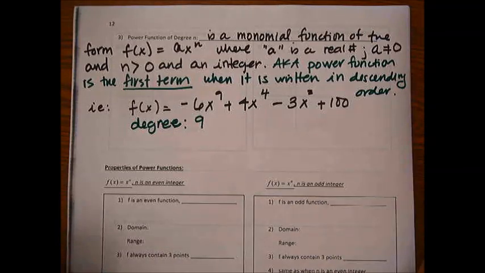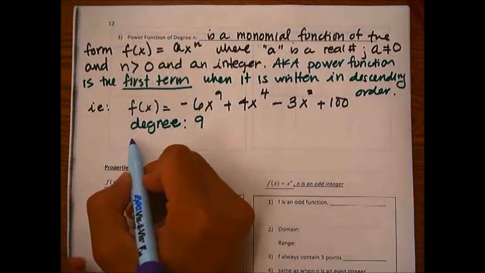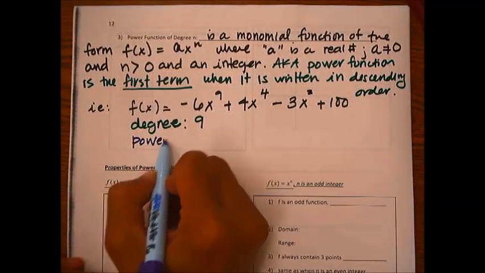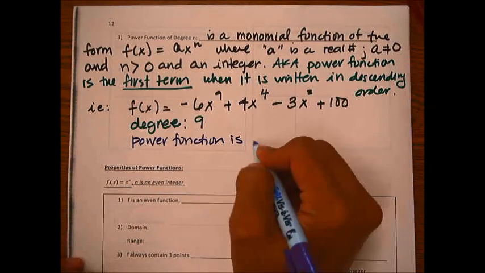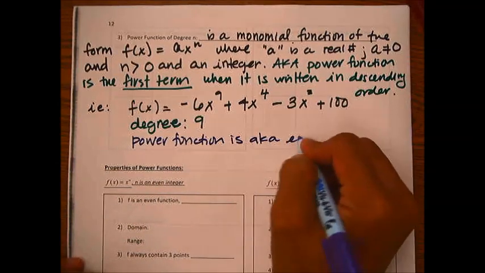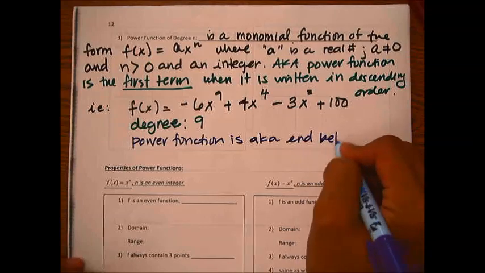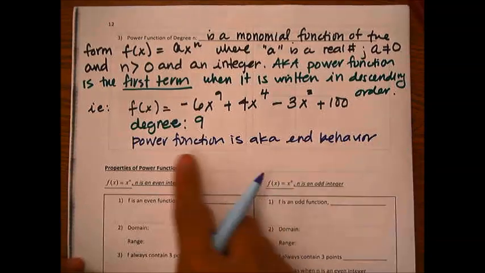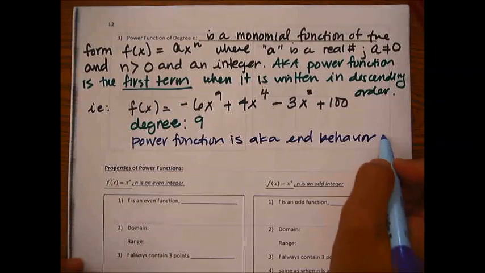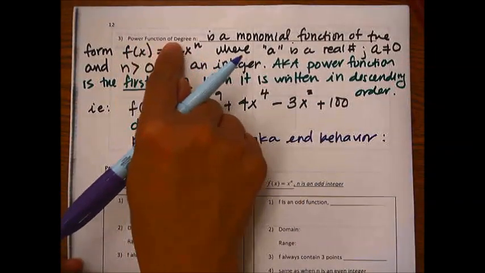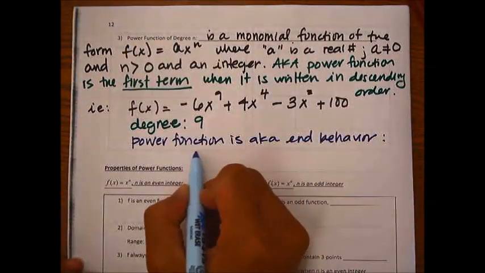Then I want to talk about the power function of degree n. In your book, the power function is also known as the end behavior. You're going to see both and they mean the same thing. The power function is a function, so don't forget the y equals.